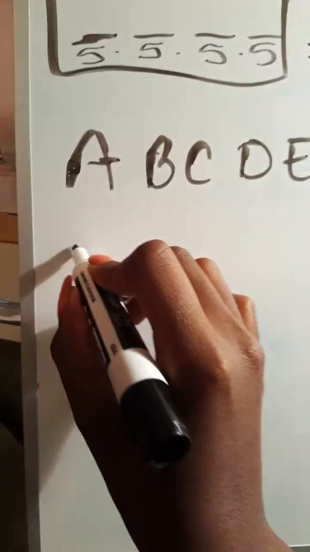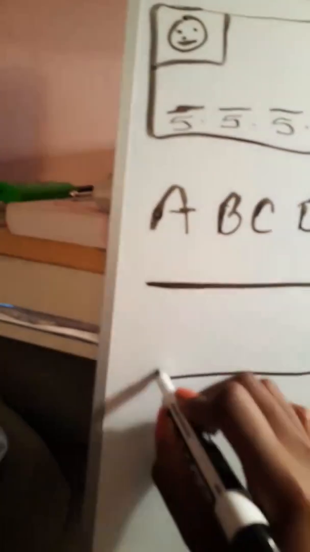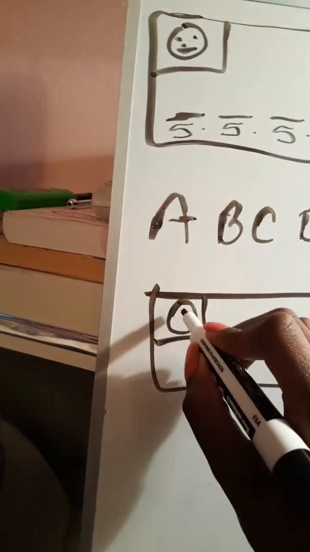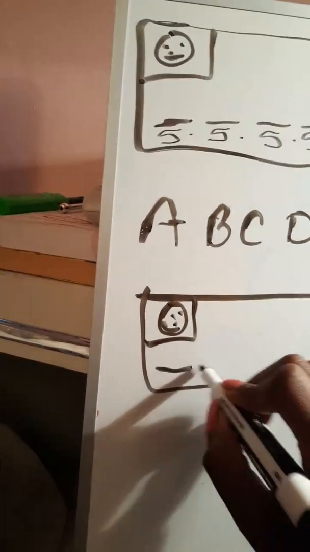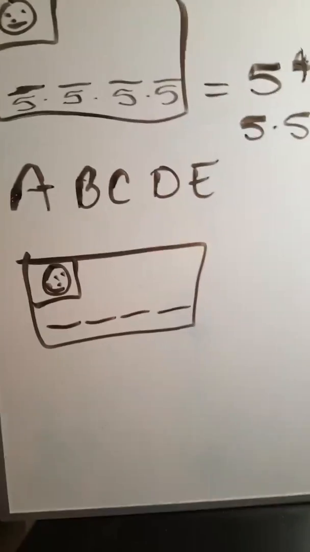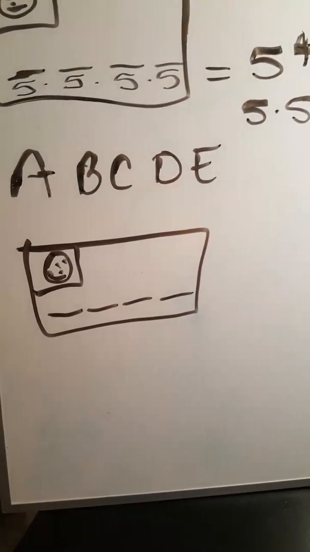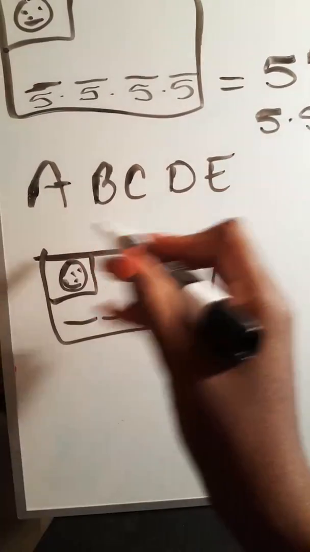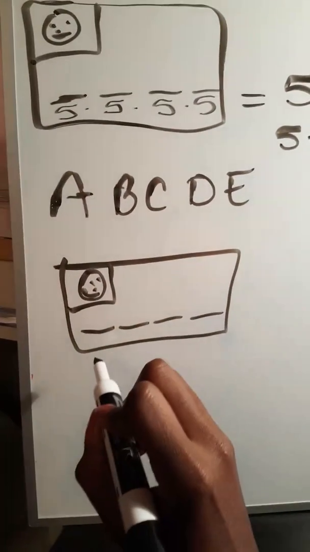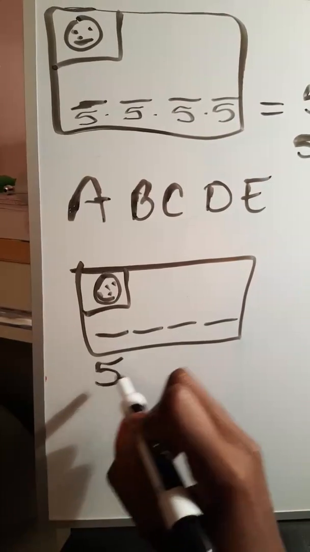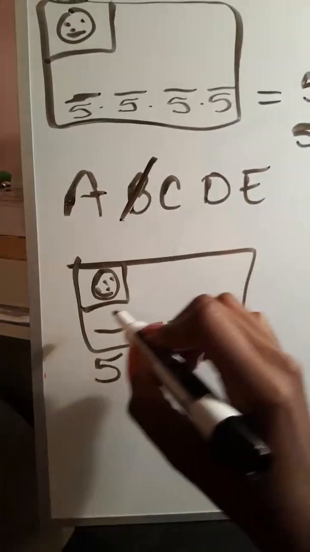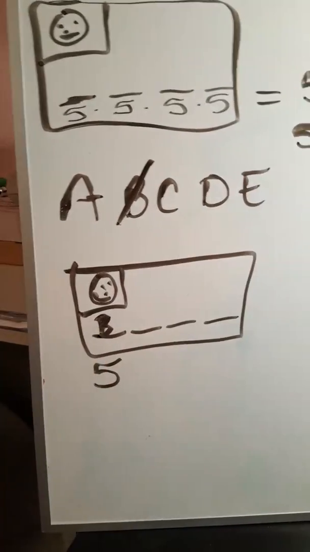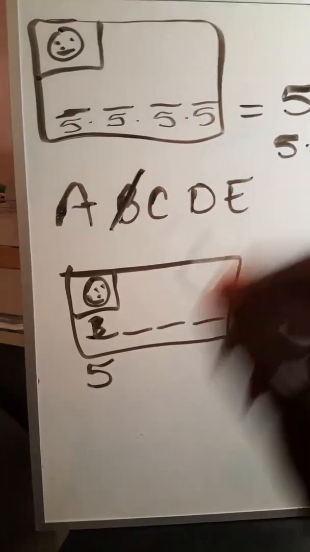Now when we come to this card and we have our same 4 slots, we have to work a little different. And the reason why we have to work a little different, if they cannot be repeated, we have 5 letters. So that means for that first spot, we have a possibility of putting any one of these 5 letters here. So if we use B, now B is gone because B has been used.